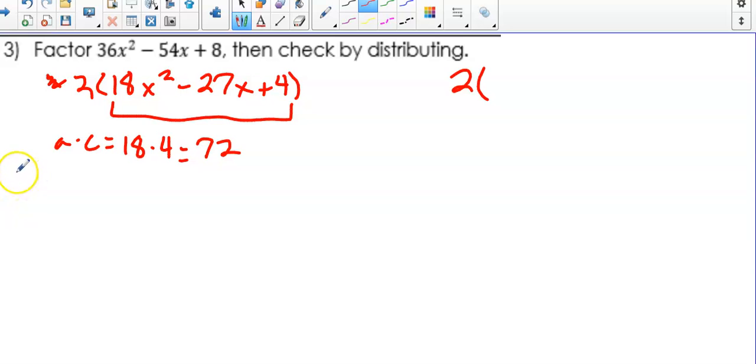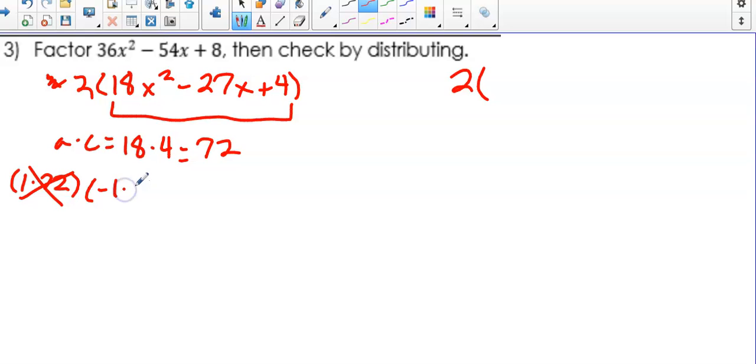Once I start listing these out, 1 and 72, that's not going to add up to negative 27. And actually, we don't need 2 positive factors, because that's not going to add up to give us a negative. So instead, what we want are our negative factors.